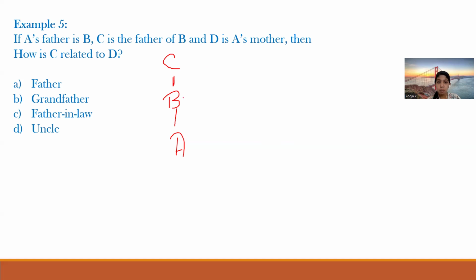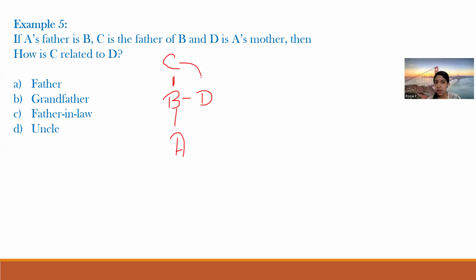So A's father is B. So if D is A's mother, then D is nothing but B's wife. Yeah, B's wife is none other than mother. So how is C related to D? Father. Father.